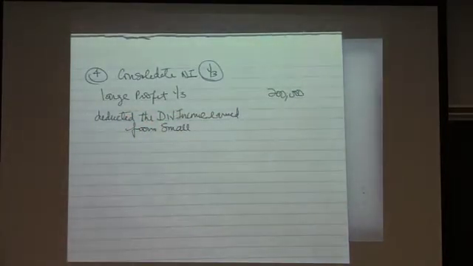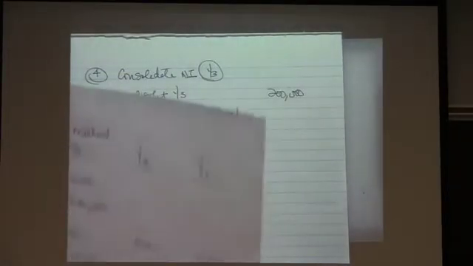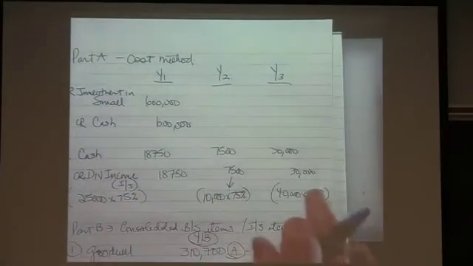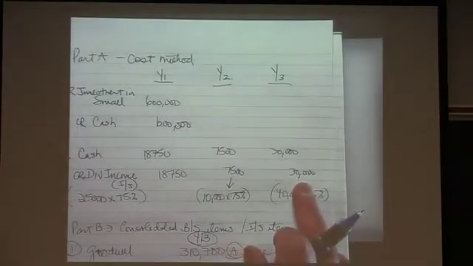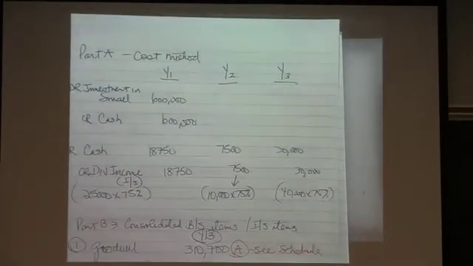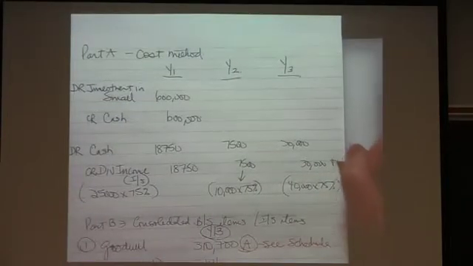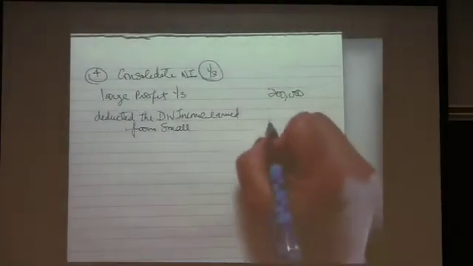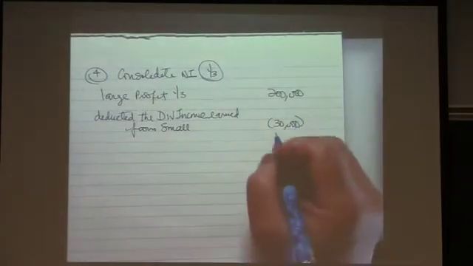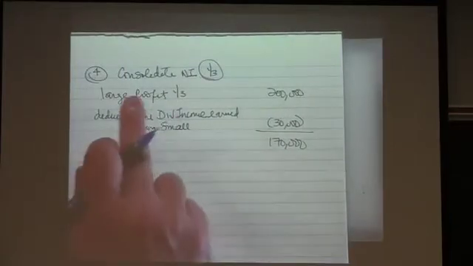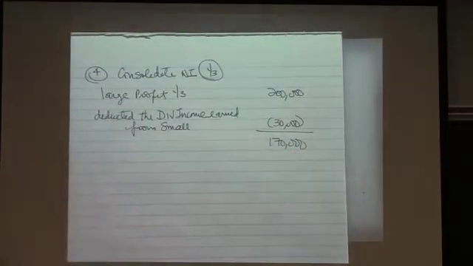And if you remember our journal entries, it showed that in year 3 we recorded dividend income, which would have affected the profit. So we're going to label this as D. And that D is going to be the adjustment we need to make. So now this is the profit for Large, the parent company, without any subsidiary.